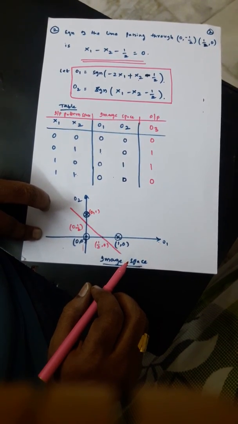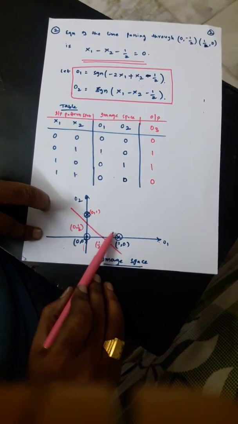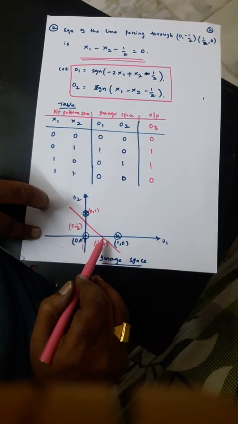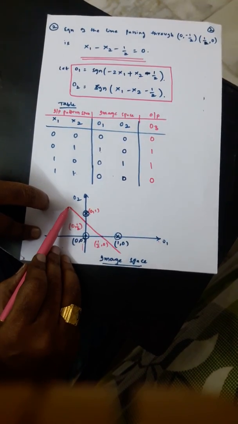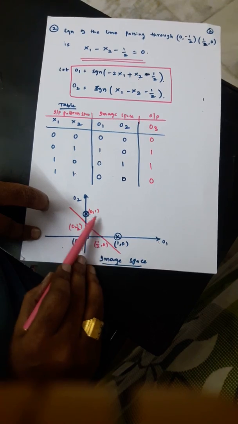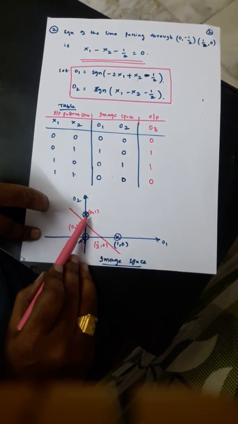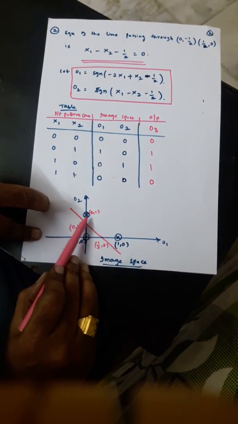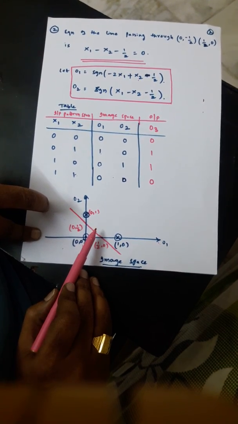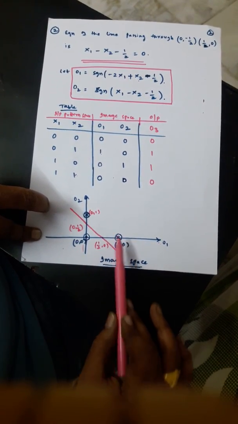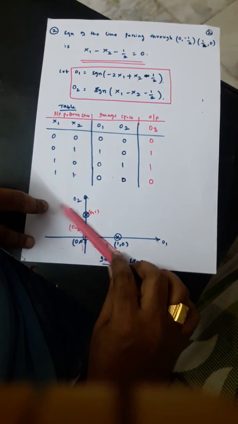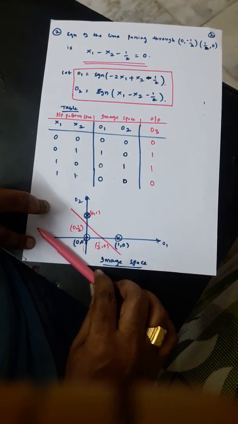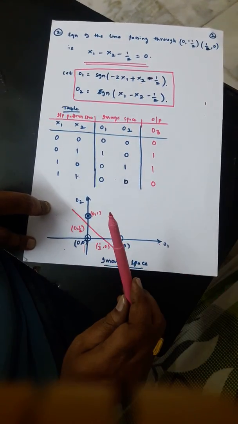Obviously you know that 0 1 and 1 0 belong to one class, and these two can be separated. You have seen here that the entire space can be divided into two regions, such that 0 1 and 1 0 belong to one class and 0 0 belongs to another class, using a single straight line.